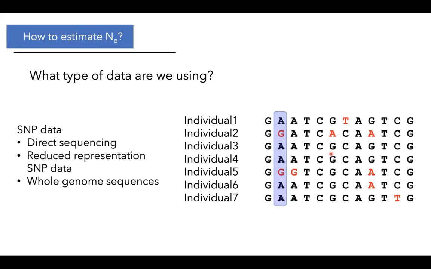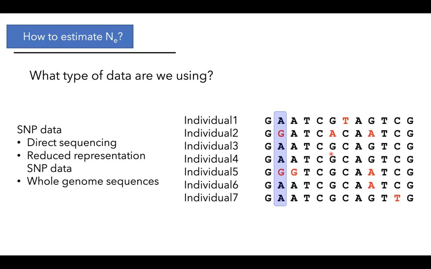So to scale up in terms of loci, you might go to some kind of reduced representation SNP data, and this might be genotyping by sequencing or RAD-seq data, but basically you're looking at shorter reads from many more loci from your population, right? So your reads might be maybe 100 base pairs long or even shorter than that. And you might be looking at maybe 1 million loci from throughout the genome, okay?